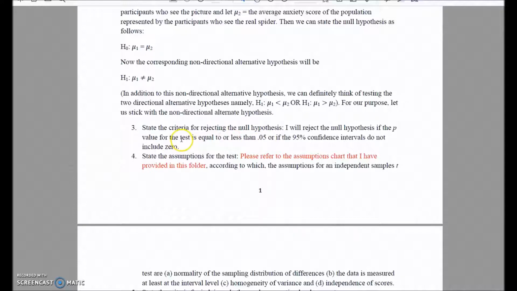So we will just basically go with this one. If p-value, this is my level of significance. So basically p-value is less than 0.05.